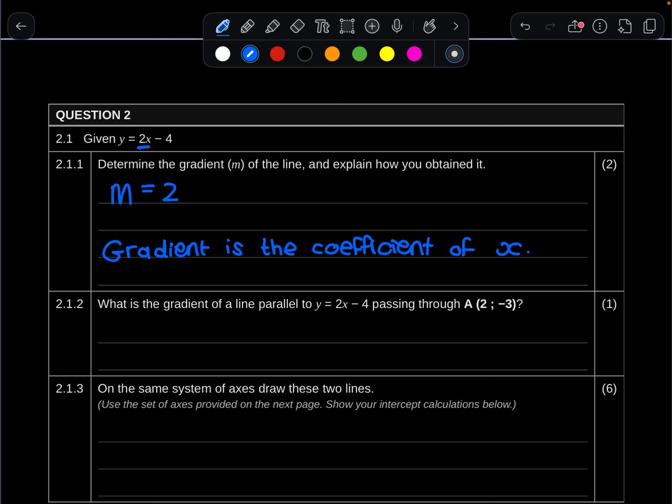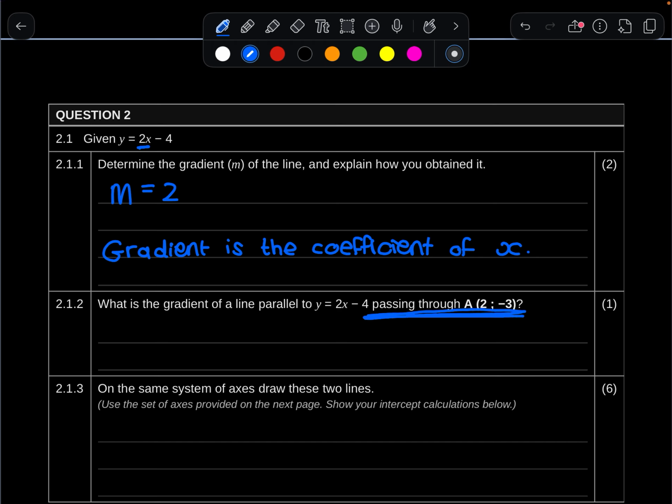What is the gradient of a line parallel to this and passing through this point? This one, they are kind of trying to trick us a bit with this. We don't need that part.